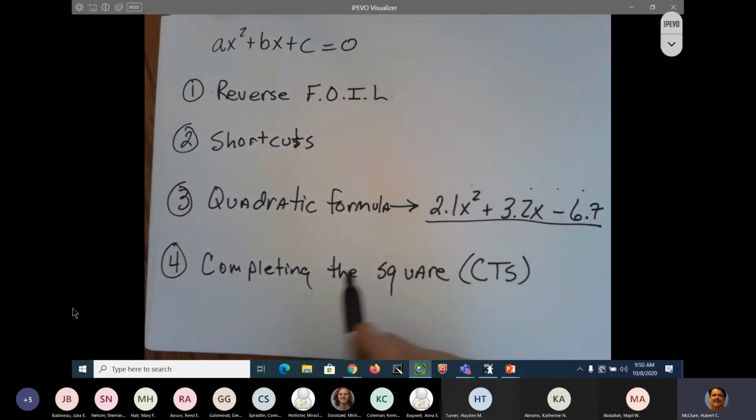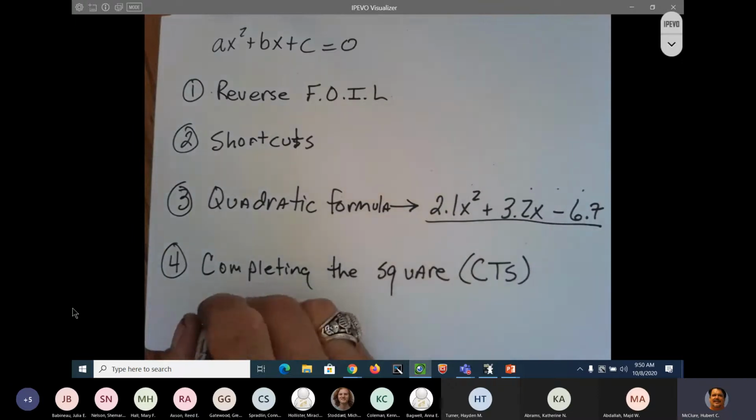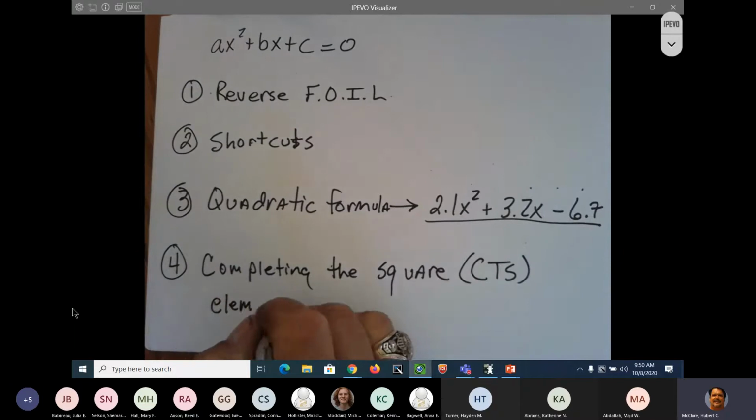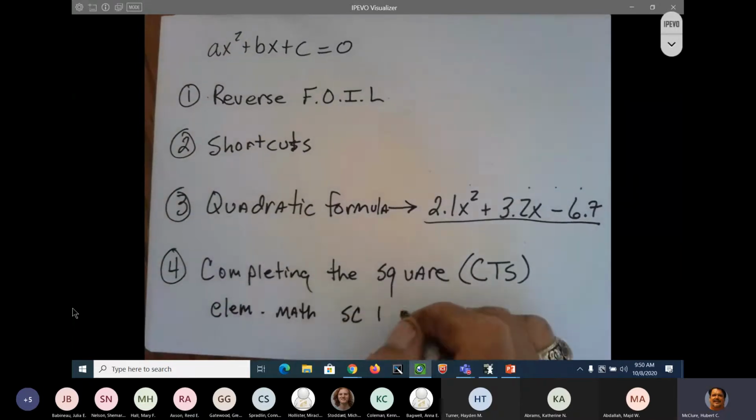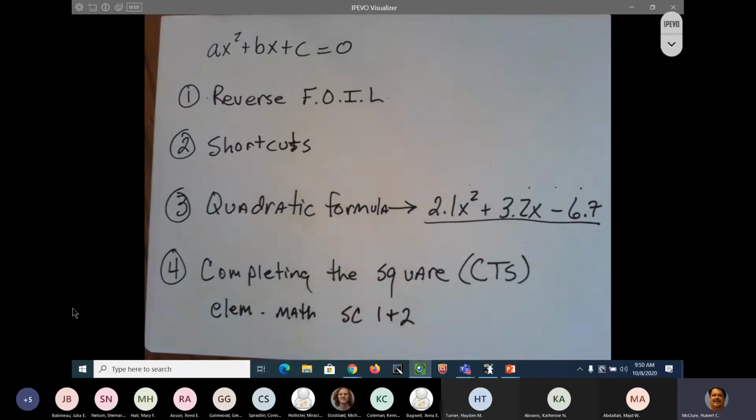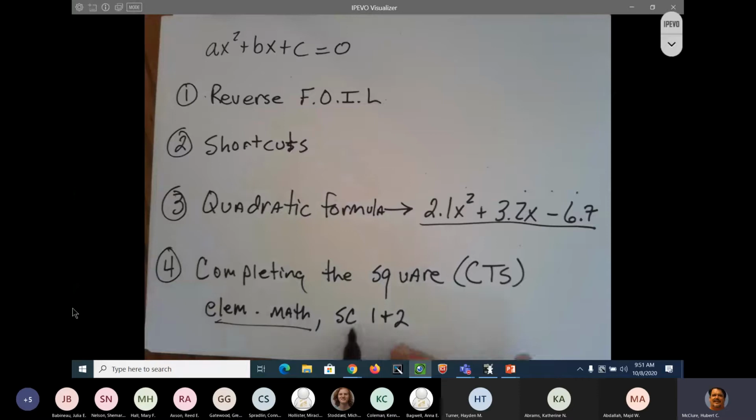All right? Completing the square uses elementary math and shortcuts 1 and 2. That's what completing the square uses. So if you tell me you can't use completing the square, you're basically telling me you can't do elementary math and you don't know shortcuts 1 and 2.